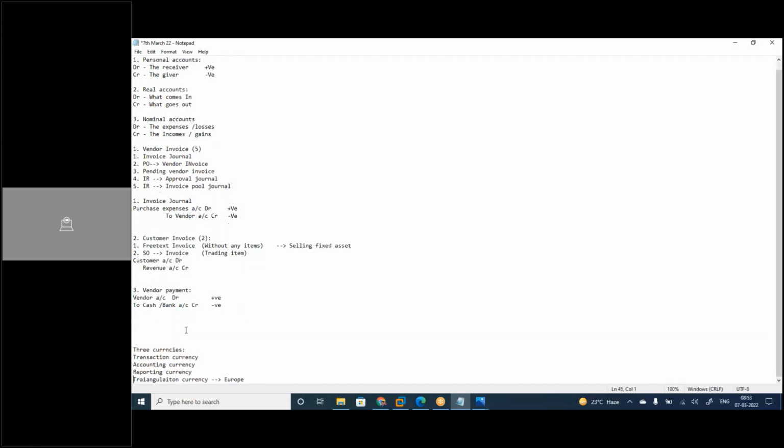Okay, so let us understand the chart of accounts classification. We discussed it last Friday, but let us discuss it again.